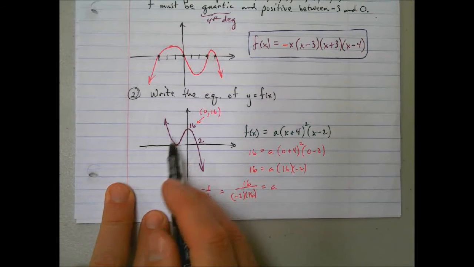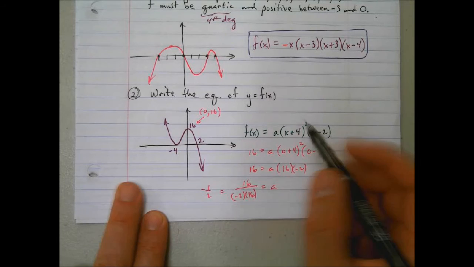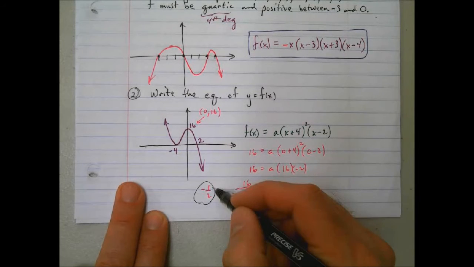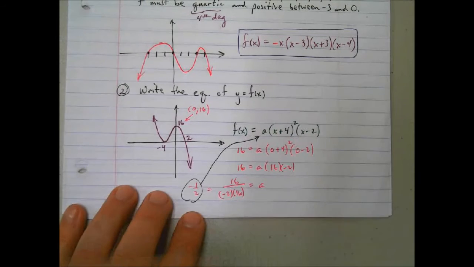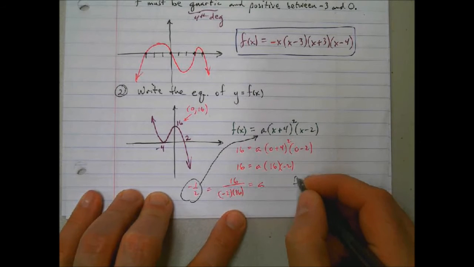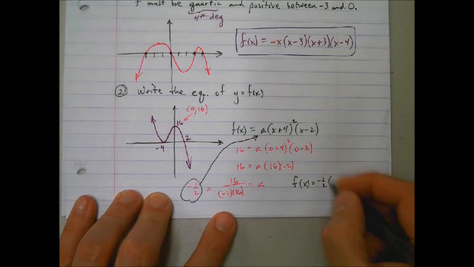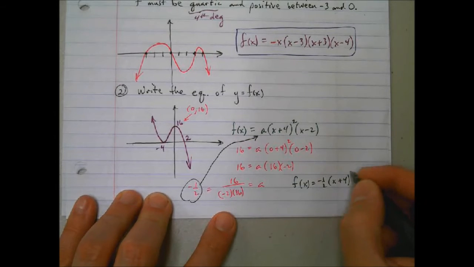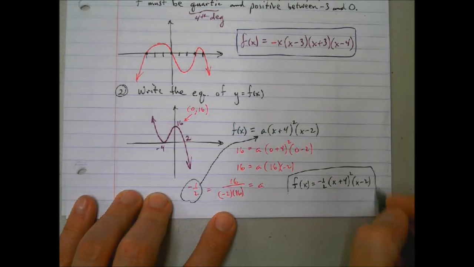Anytime they give you an extra point that's not an x-intercept, not a root or a 0, then you can actually solve for the actual coefficient. And this is something you guys need to be able to do. So replace the A with the negative 1/2: f of x equals negative 1/2 times x plus 4 quantity squared times x minus 2.